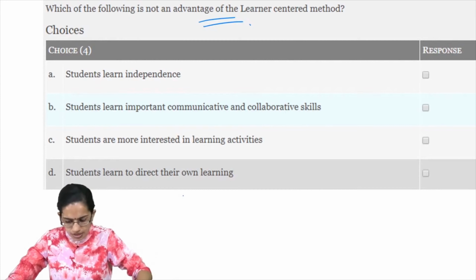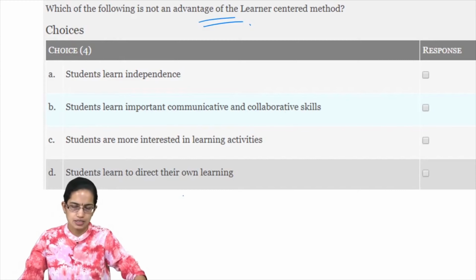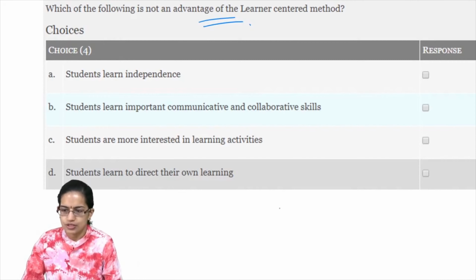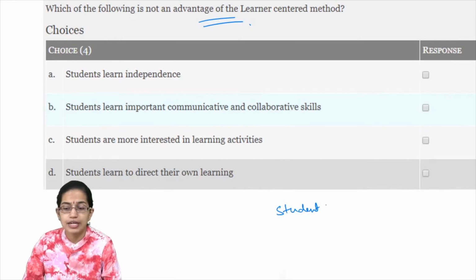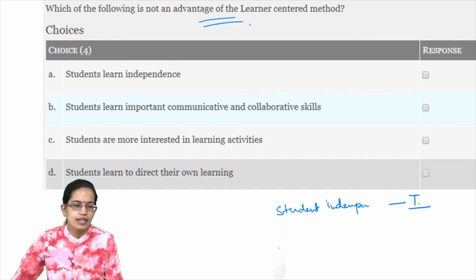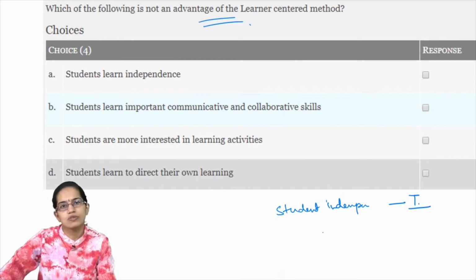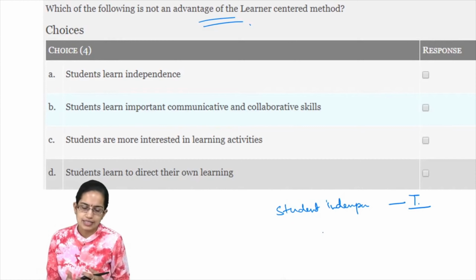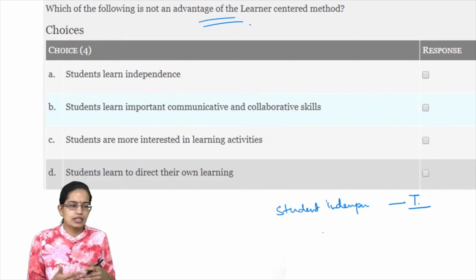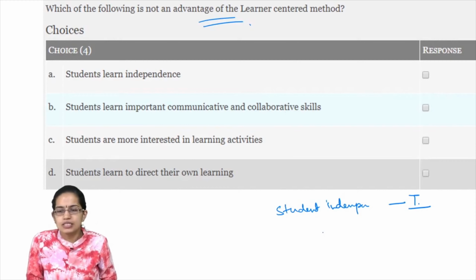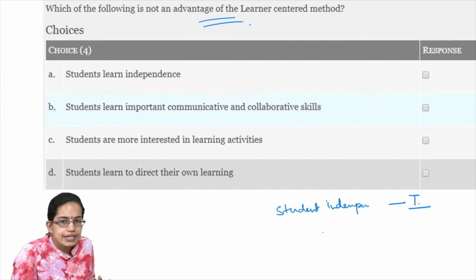Now, the student's independence is related to a teacher-centered approach. So you have student being independent as a teacher-centered approach, and if they are able to learn on their own, if they are able to solve questions on their own, if the teacher acts as a facilitator and promotes students to make their own decisions, then we say this is an active approach where students are being made independent.